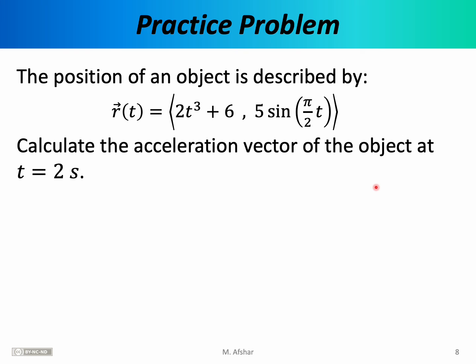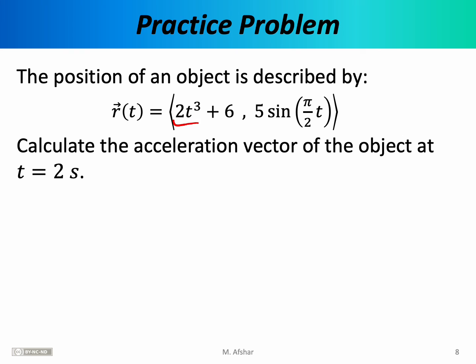Here's another example demonstrating the decomposition of motion. The position of an object is described by this function. Notice I'm giving you the r vector, which is the position vector, as a function of time. Notice that the r vector has an x component and it has a y component. And also notice that the x component depends on time and the y component depends on time as well.